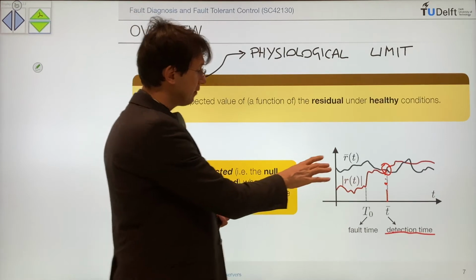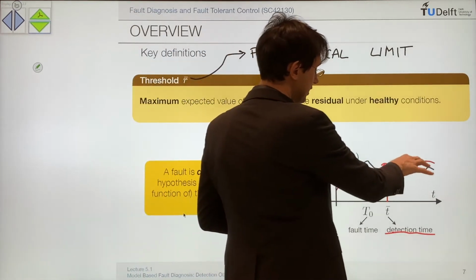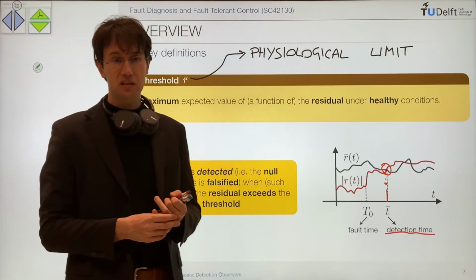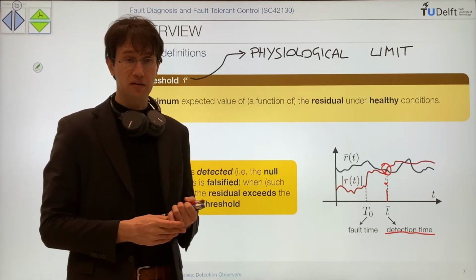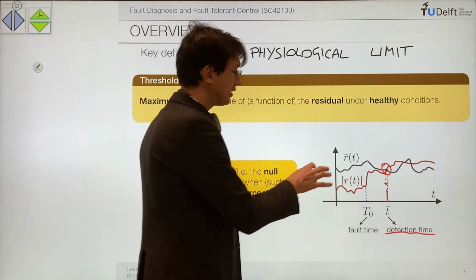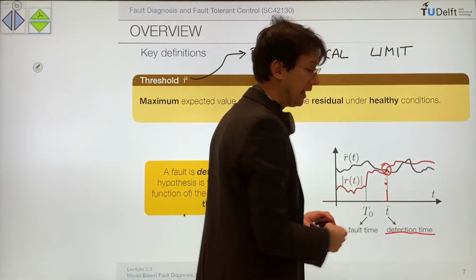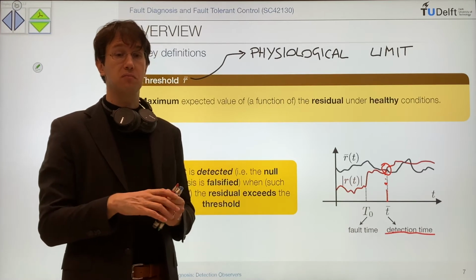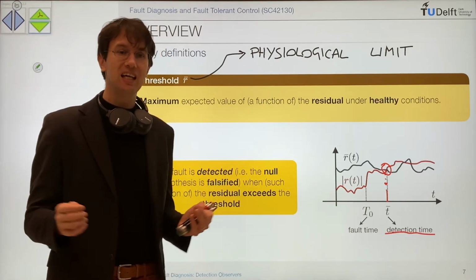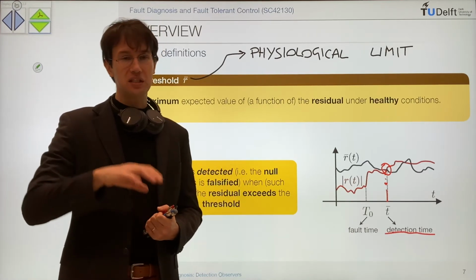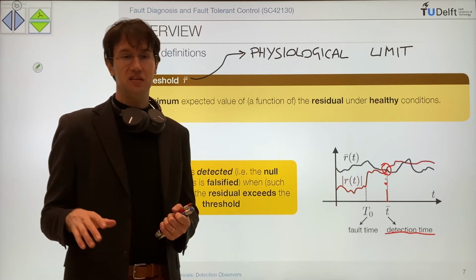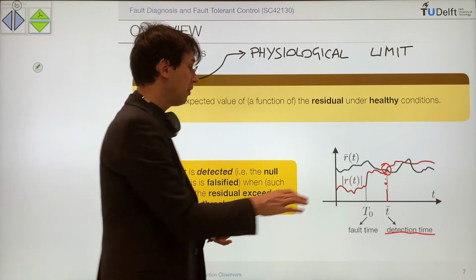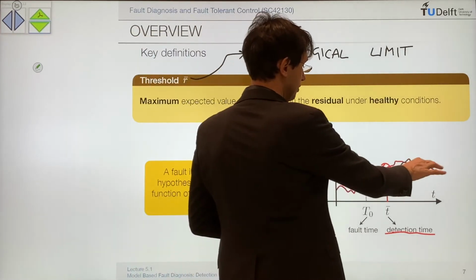You see here that the threshold is pretty much constant, because the effect of the uncertainty in the measurements is not going to change over time a lot. The effect of the uncertainty in the model depends on your trajectory. But if your system is not moving too much, and if your model is quite consistent, so the uncertainty of the model is pretty much the same across all possible trajectories, then the threshold is not going to change a lot.